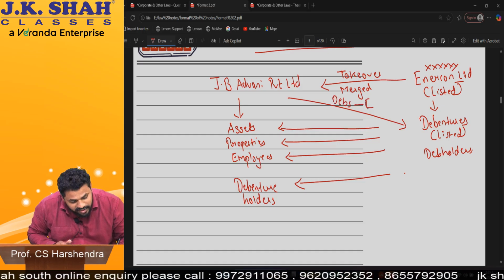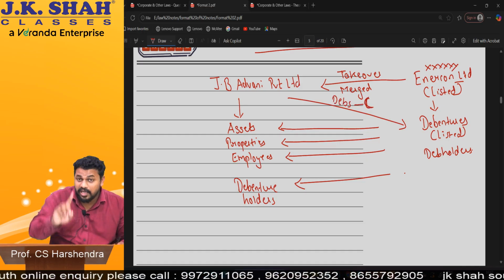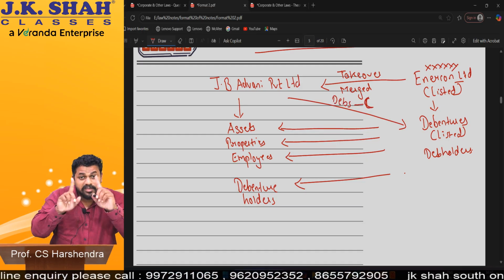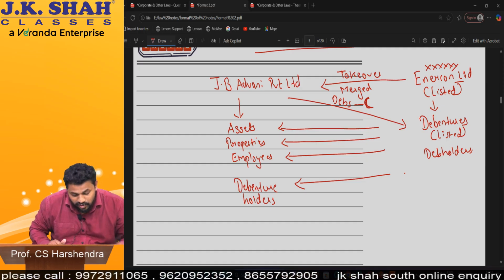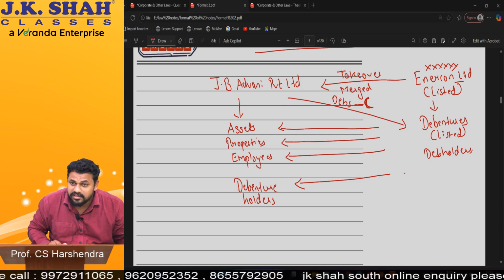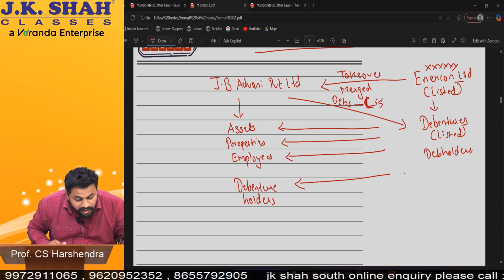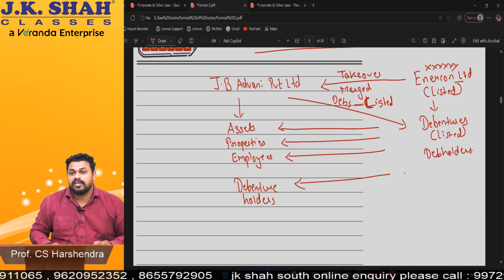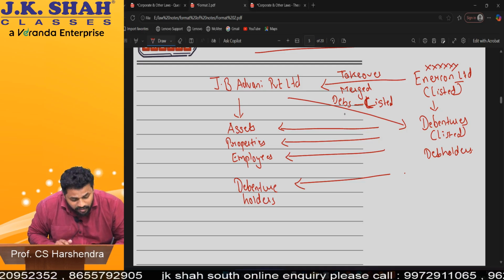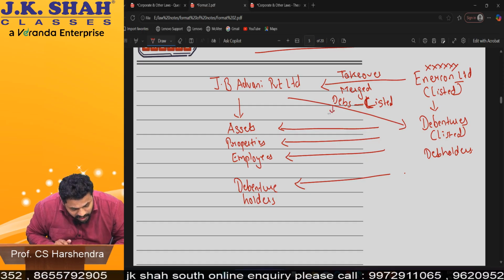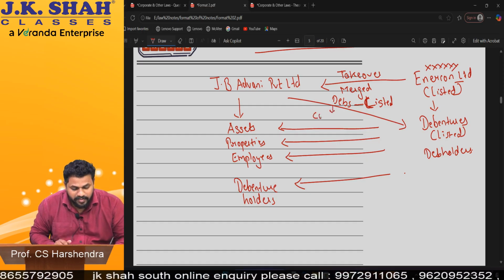are convertible debentures. Now before that, what is the rule beta? These debentures of Enercon were listed. So JB Advani will issue debentures, and these debentures should also be listed. Did you understand? Now these debentures, if they are convertible debentures, what beta?